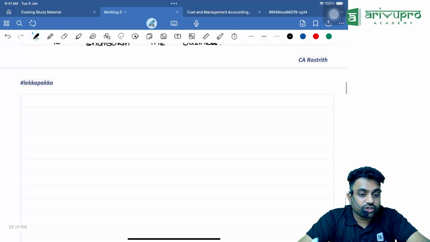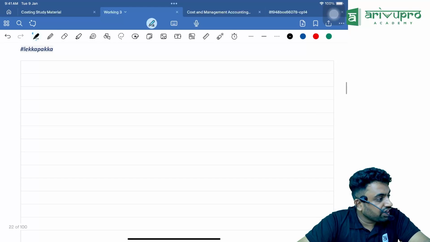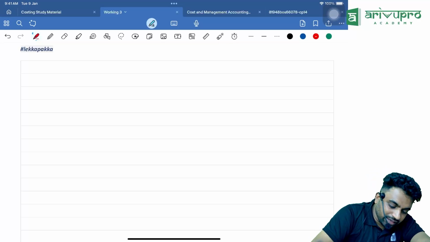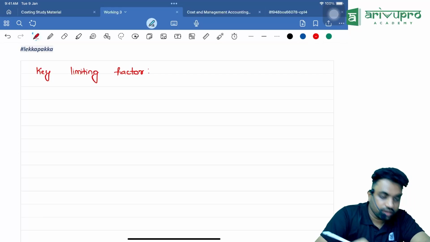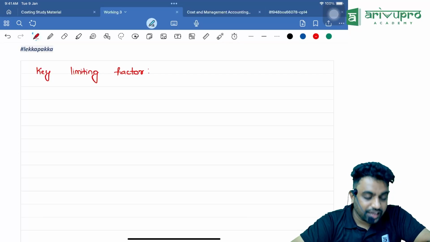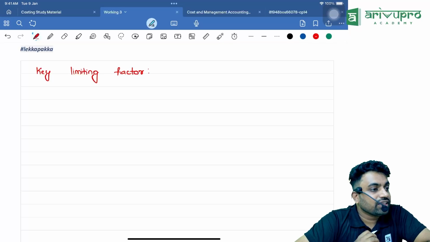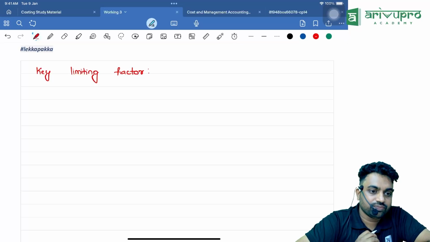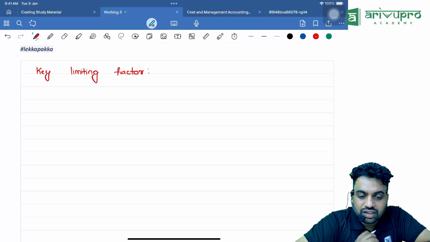Now we are going to discuss a very important topic called key limiting factor. What do you mean by key limiting factor, sir? That is, the resource is not available to the extent you require it.